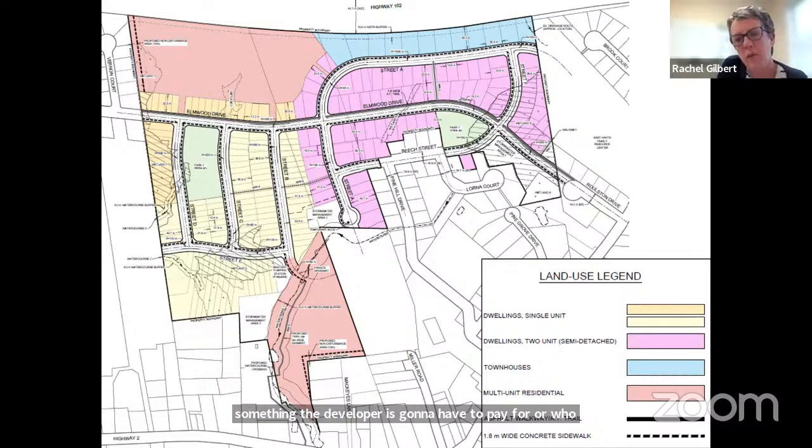Through you, Mr. Chair. So the developer will be responsible for designing and building the improvements to the Ralston Drive Highway 214 intersection. The other intersection, the one with Elmwood Drive, that's a little bit different because right now the intersection is not up to standards based on the traffic flowing through it. So right now there is a need for auxiliary right turn and auxiliary left turn lanes into that subdivision, which aren't there.